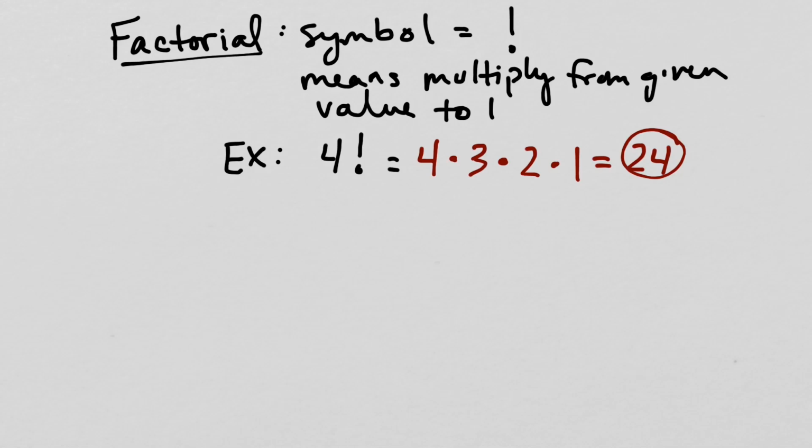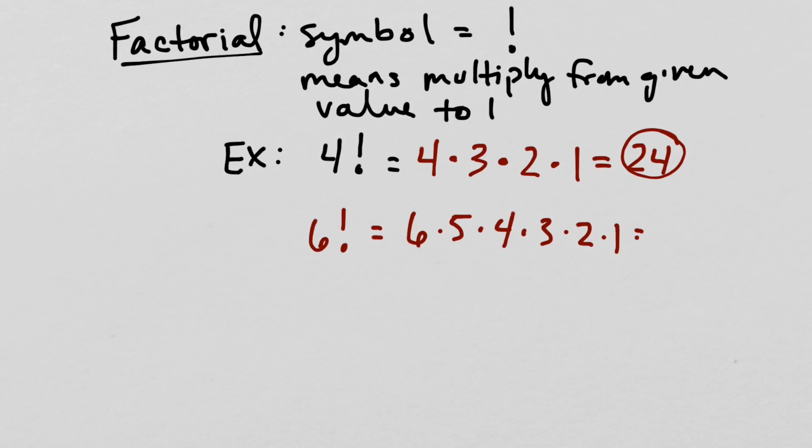So factorial is going to be used while we're doing counting, while we're doing permutations, while we're doing combinations. These are always positive numbers. They're not going to be negative. So if we started at 6 factorial, we would start at 6 times 5 times 4 times 3 times 2 times 1.